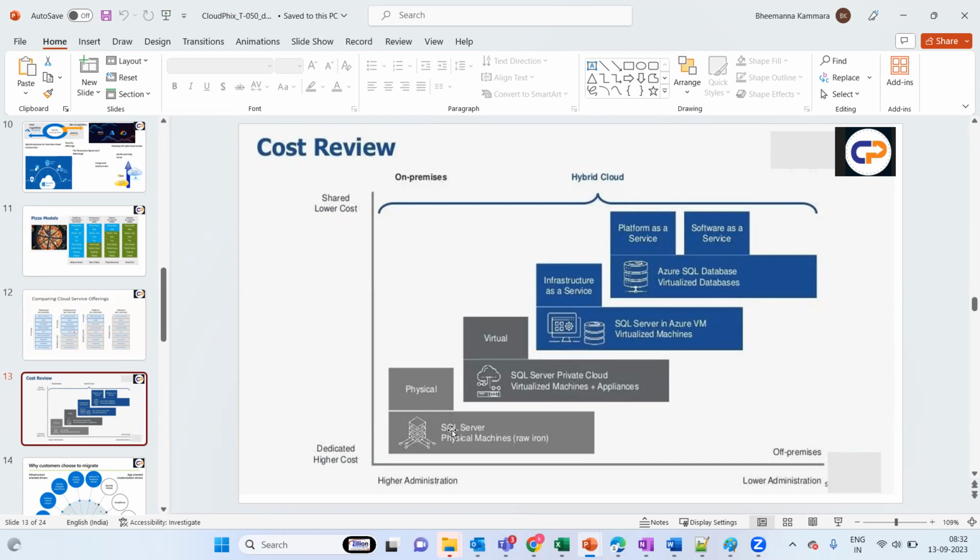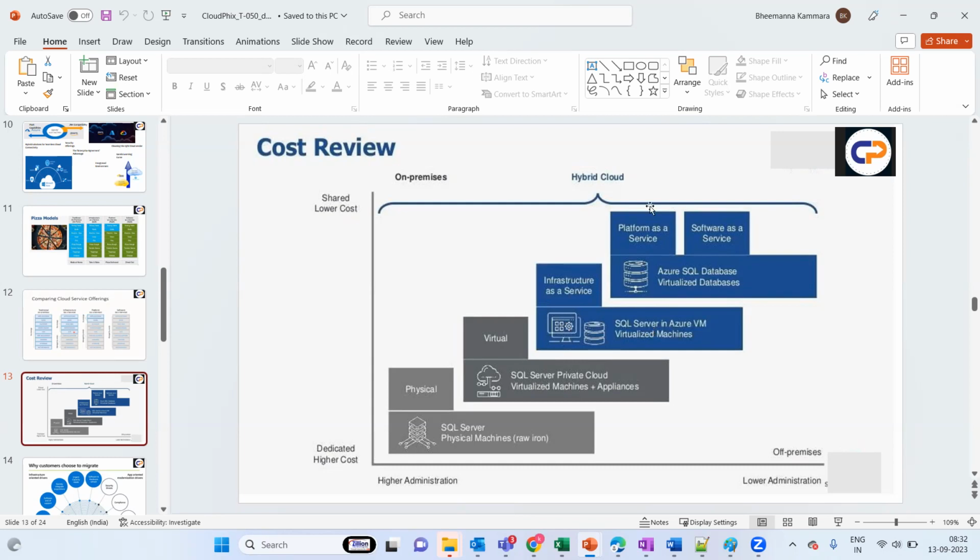The latest trend is infrastructure as a service, as we discussed in the cloud computing offerings. The cloud vendors provide the underlying hardware, and on top of it you build your application. There is also a little bit of cost.